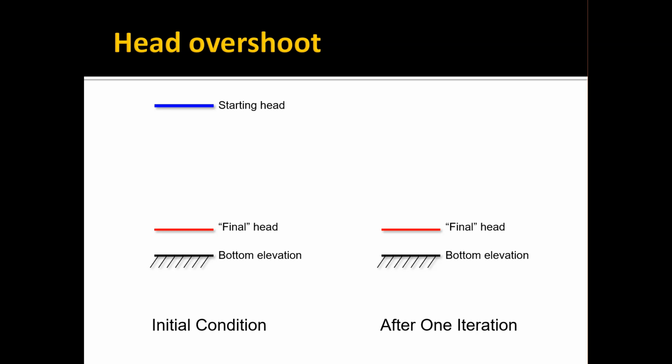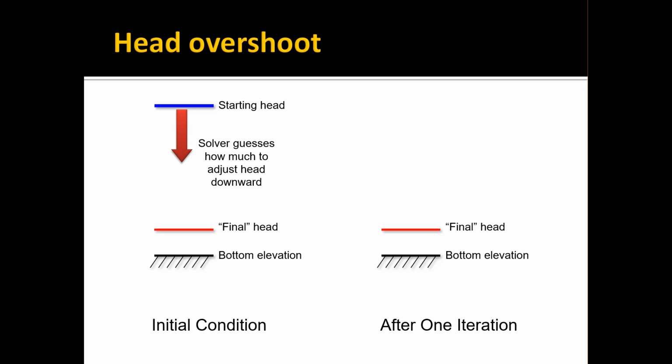Suppose that we start out with a starting head like this, and we're focusing on one individual cell. There's a bottom elevation and the final head. If the model were to properly converge, the final head is just above the bottom elevation, this can be a difficult problem to handle.